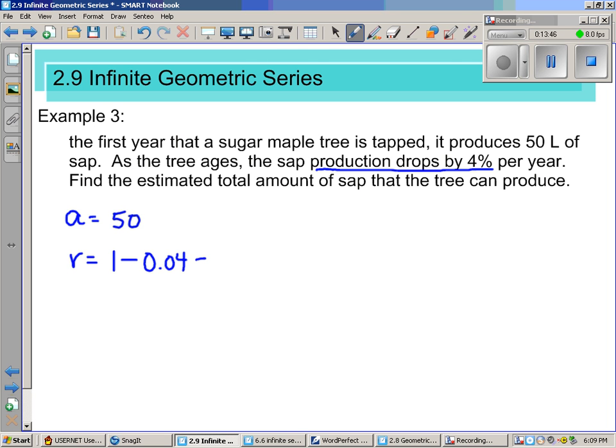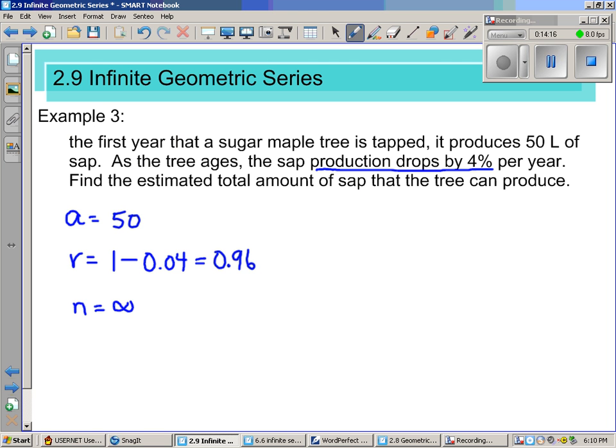So its rate of growth is 0.96. When I have a production, if it's dropping, it's a minus. If it's increasing, it's adding, but we start with that 100%. And we know that this is going to go on for the lifespan of this tree, however long it is, forever and ever.